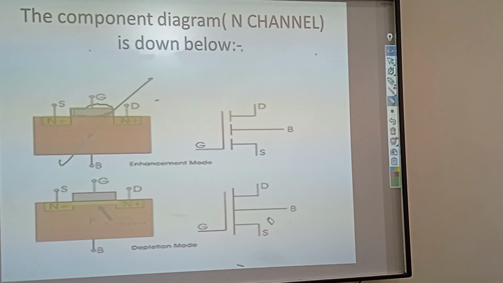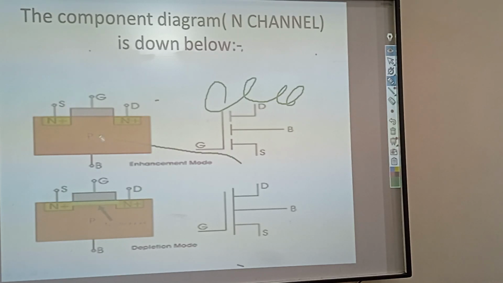So by this, there is a magnetic field. Now this magnetic field makes the negative charges form a path.